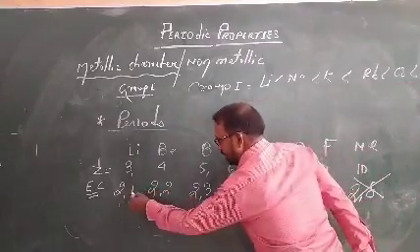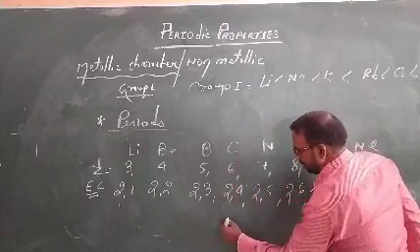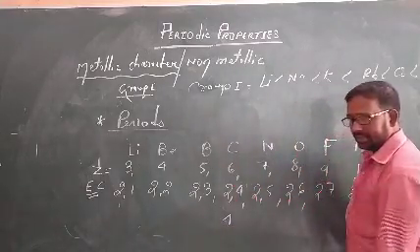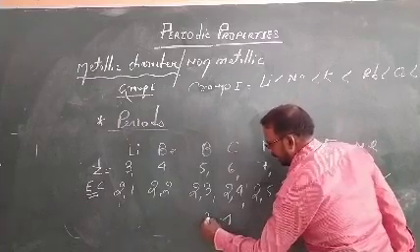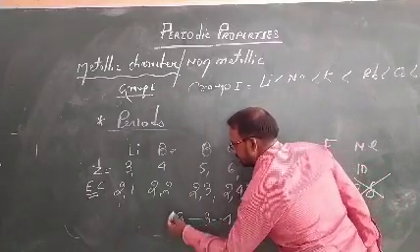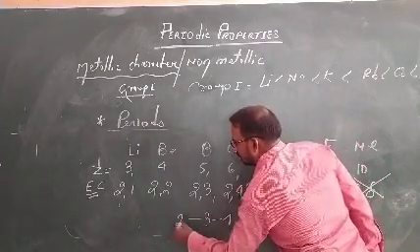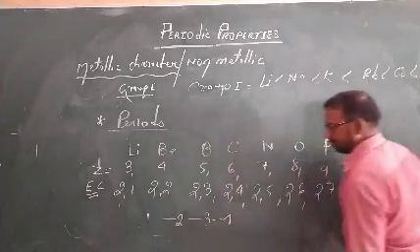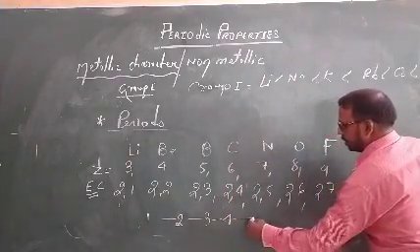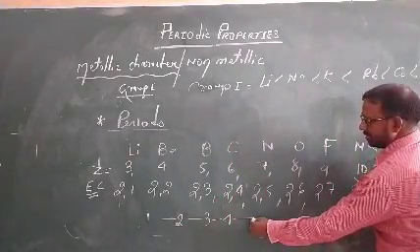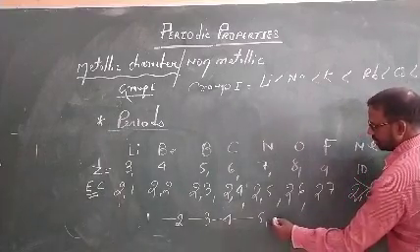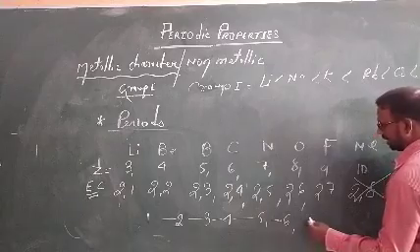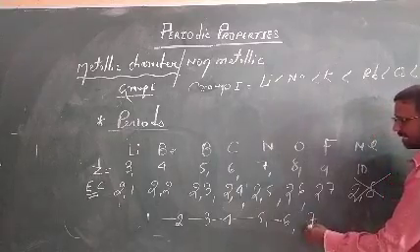You can see the valence electrons. Carbon has 4 electrons in its valence shell, and before carbon, boron has 3, beryllium has 2, and lithium has 1. Nitrogen has 5, oxygen 6, and fluorine has 7.